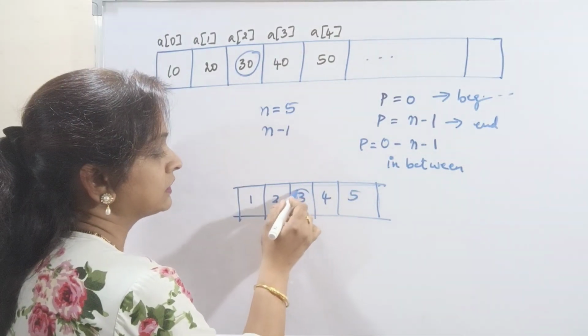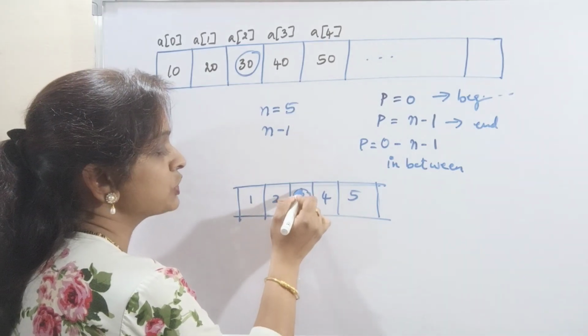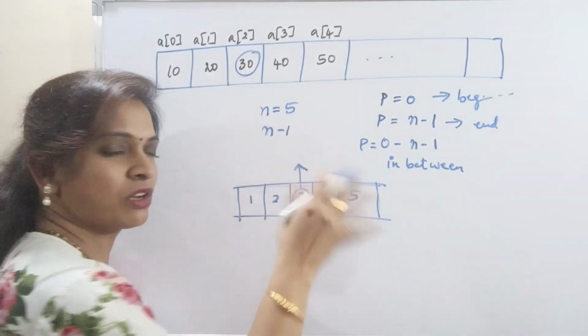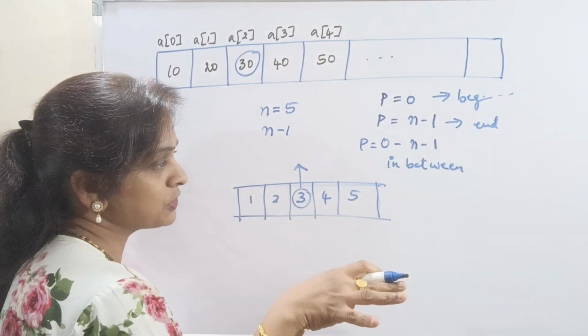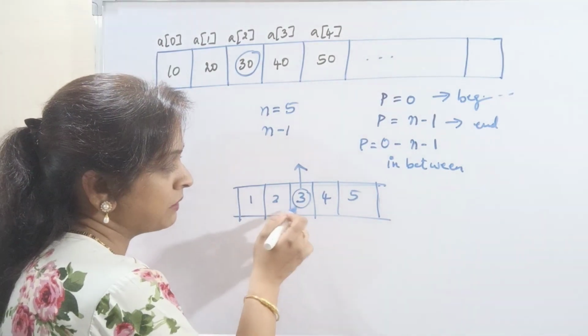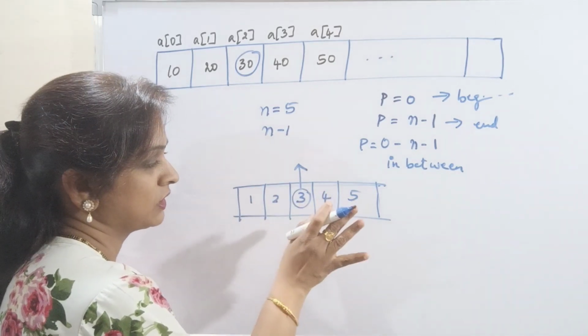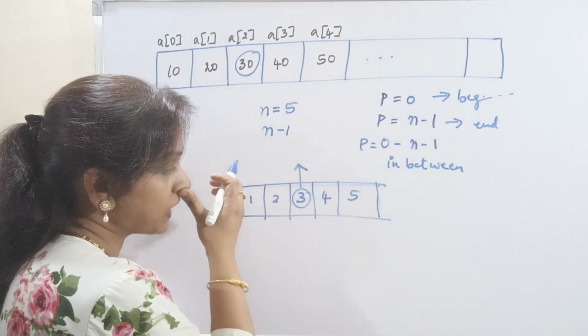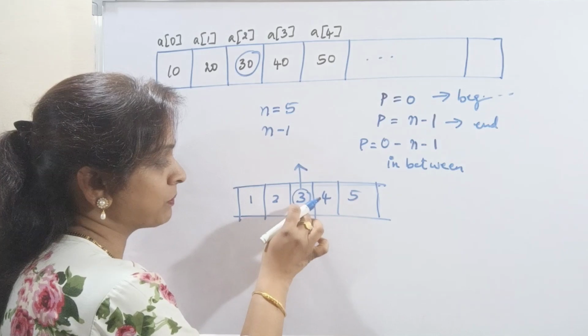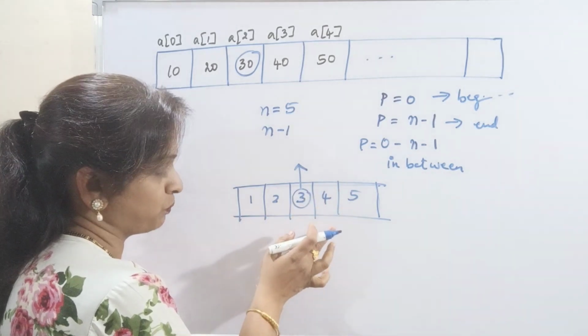Suddenly, the third person wants to exit from the queue due to some emergency. So what happens here? When the in-between person, or maybe the person in the first position or the ending position, exits, what happens? Just imagine the in-between person has to exit from the queue.